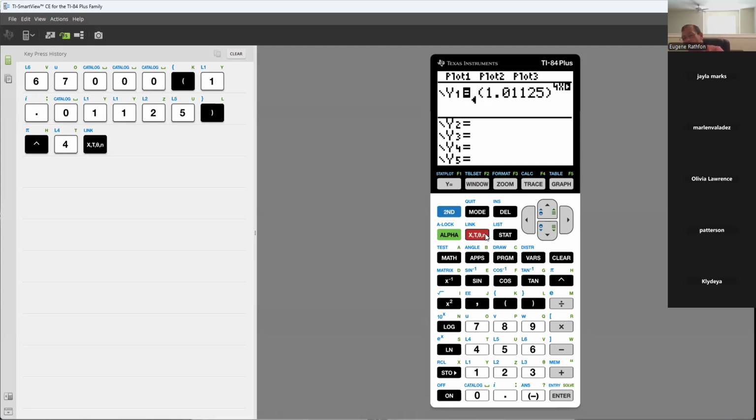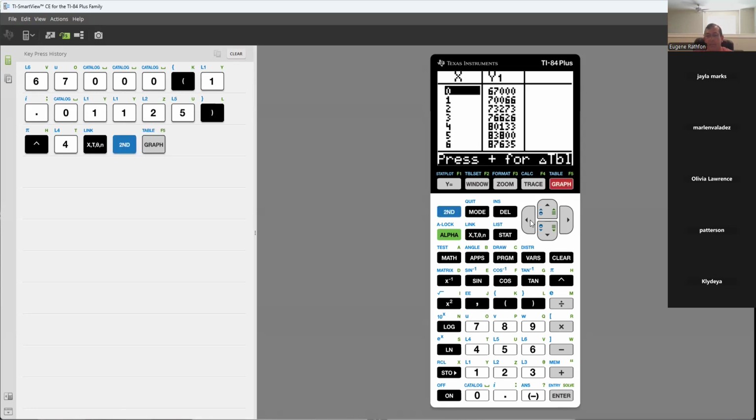When you're doing the y equals and stuff, you've got to use x's for your variables, okay? Now, I don't even care what the graph looks like, but y'all, the graph would really go uphill over time because your money's going up. What I want to look at is the table. So second graph for my table.